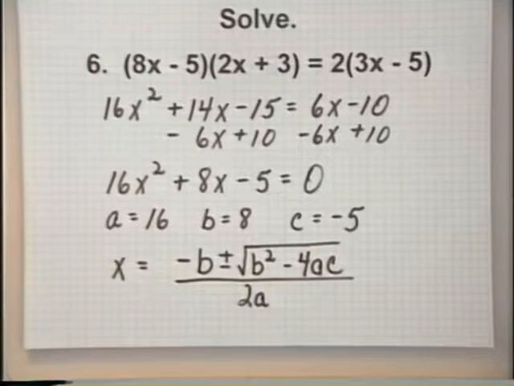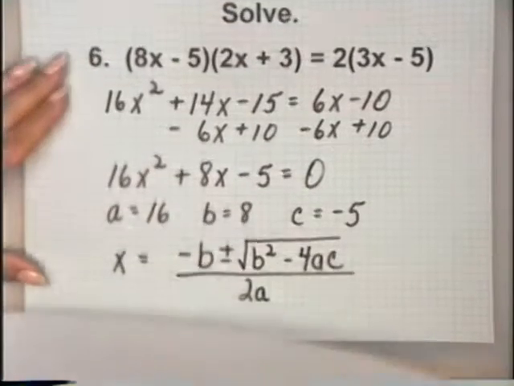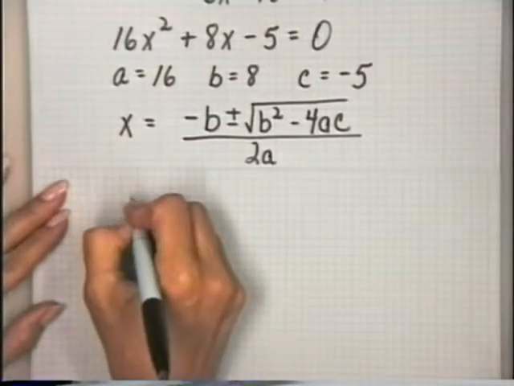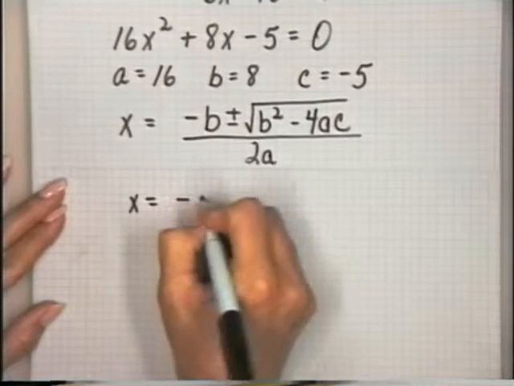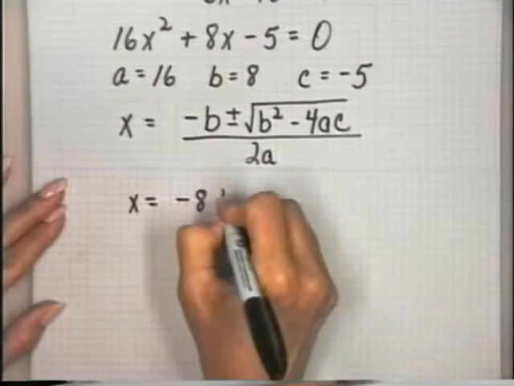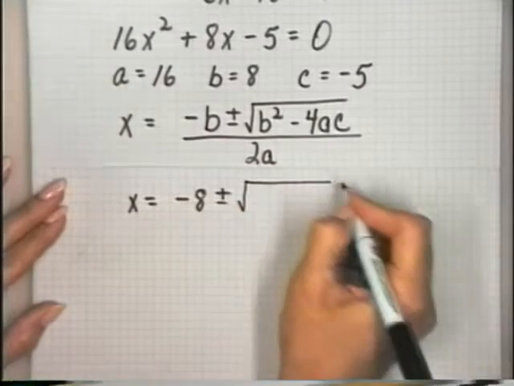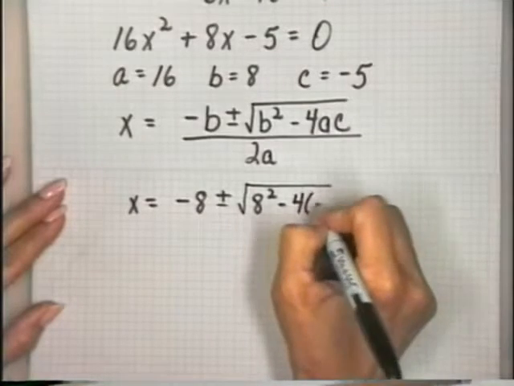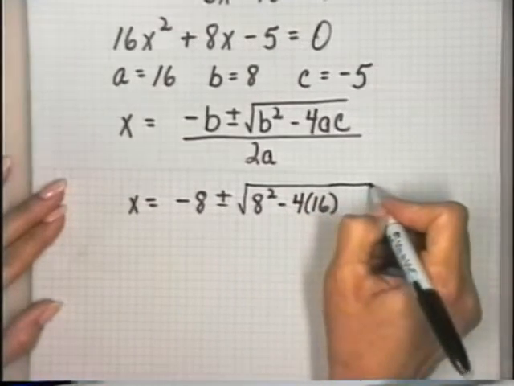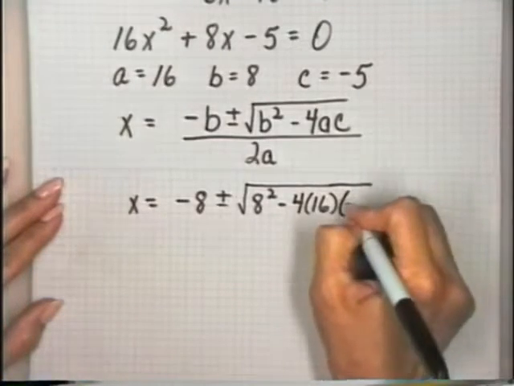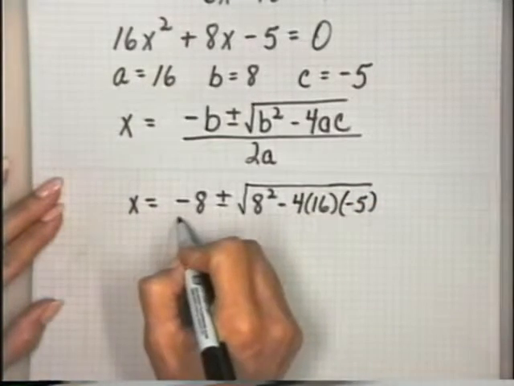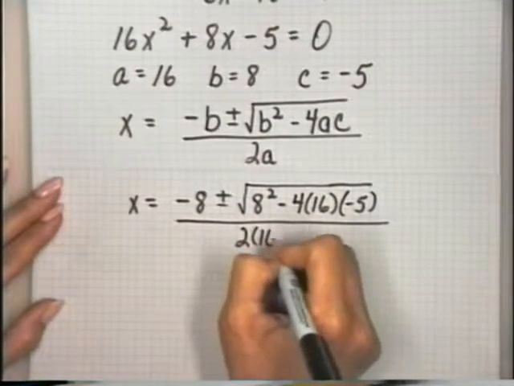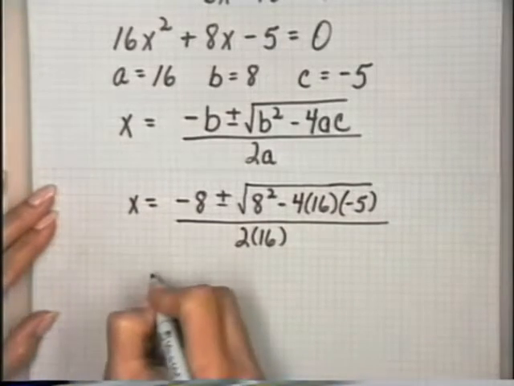So let's substitute our a, b, and c into the formula. So our x will equal minus 8 plus or minus the square root of 8 squared minus 4 times our a, which is 16, times our c, which is negative 5, all over 2 times our a, which would be 2 times 16.